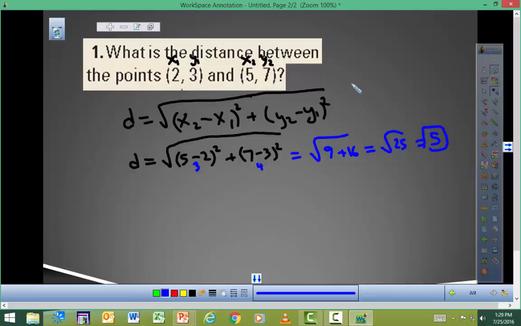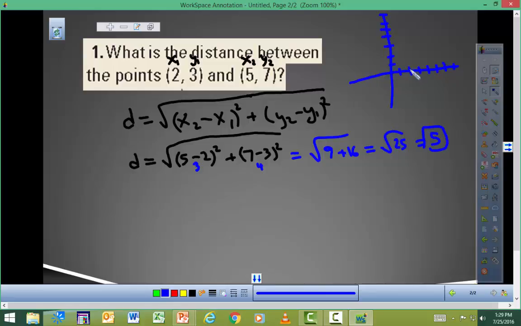Okay. Now, it might be worthwhile to look at the graph real quick just to see what we did. 1, 2, 3, 4, 5, 6, 7. 1, 2, 3, 4, 5, 6, 7.